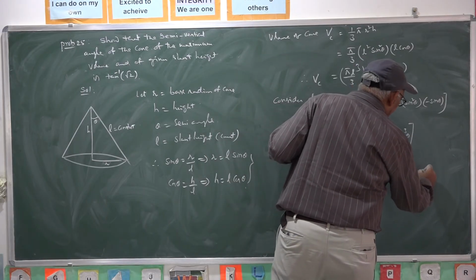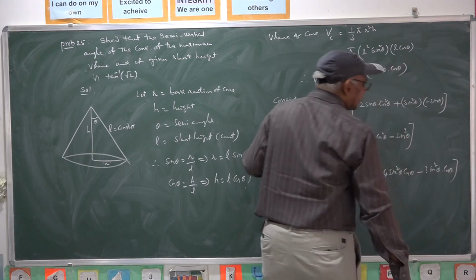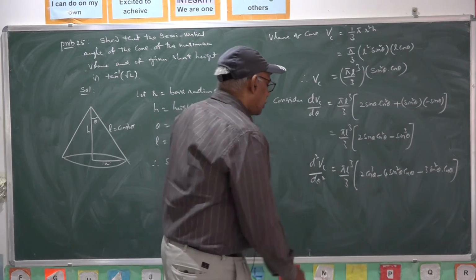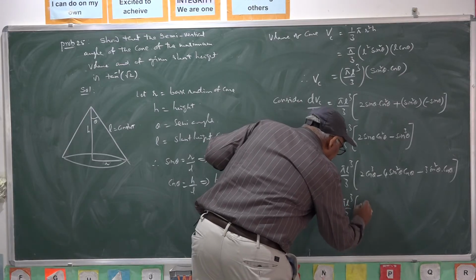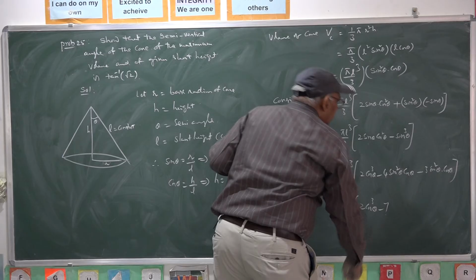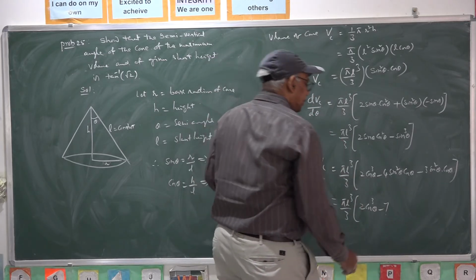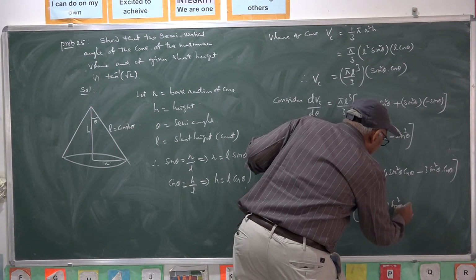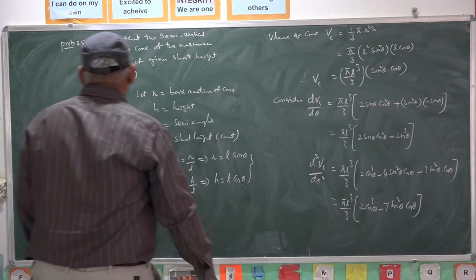For sin cube theta, this is 3 sin square theta into cos theta. On simplification, this is pi L cube by 3 into 2 cos cube theta, and from these terms we get minus 7 sin square theta cos theta as the second derivative.